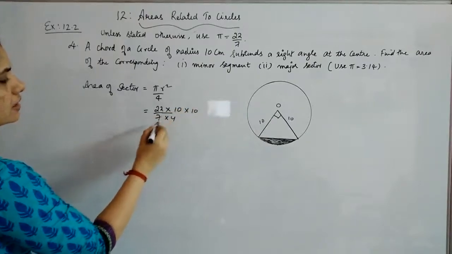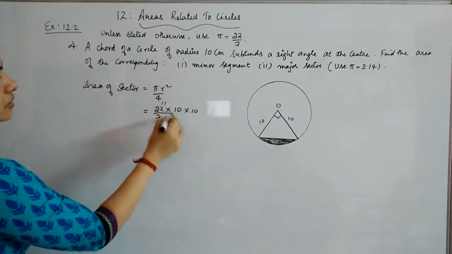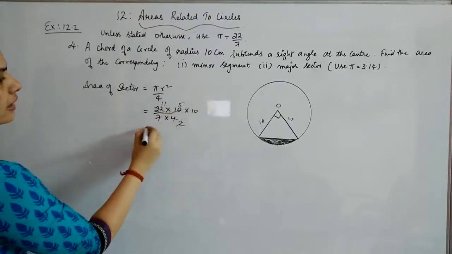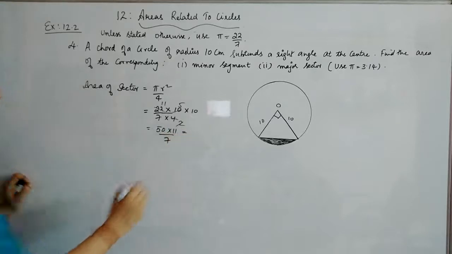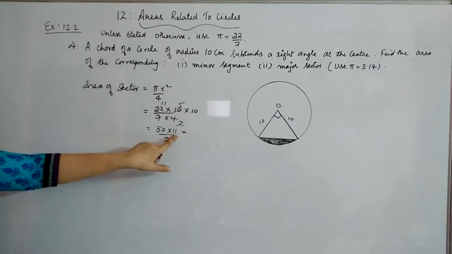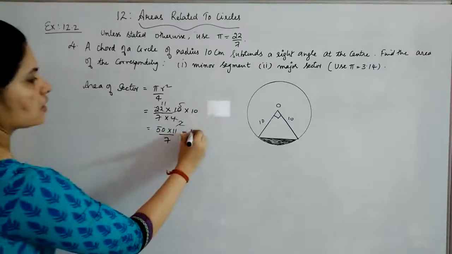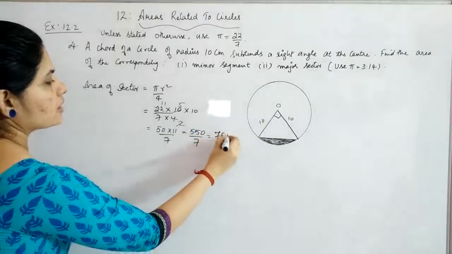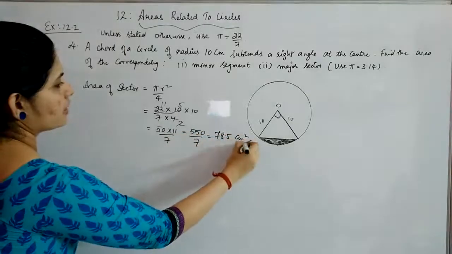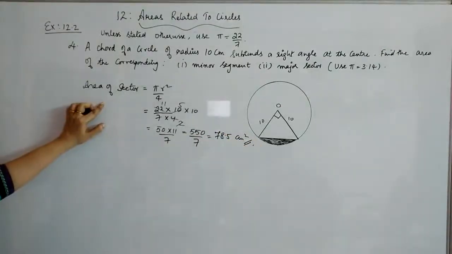So here if you cancel 2, 5, you are getting 50 into 11 by 7, or you have 550 by 7, which is 78.5 centimeter square. So this is the area of the minor sector.